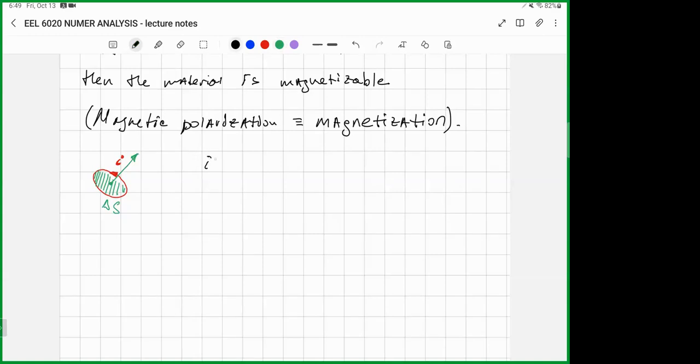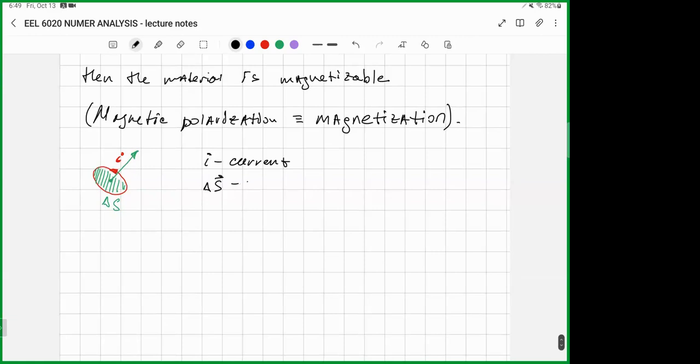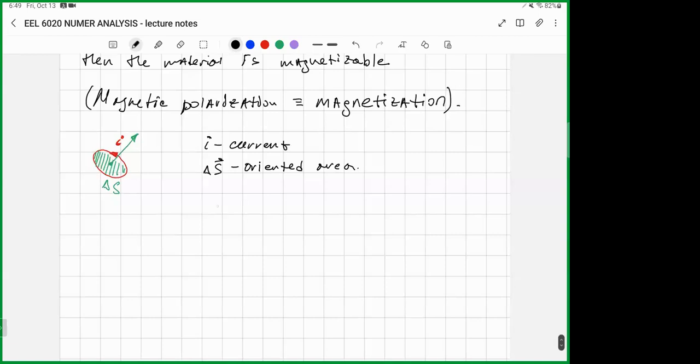So I is the current, dS is the oriented area. It's a vector. And the magnetic dipole moment m is simply the product of the current and the oriented area, like this. So this is the magnetic dipole by definition.